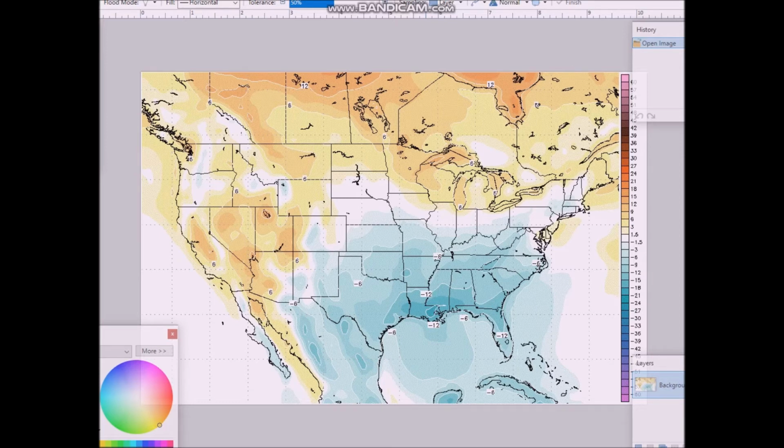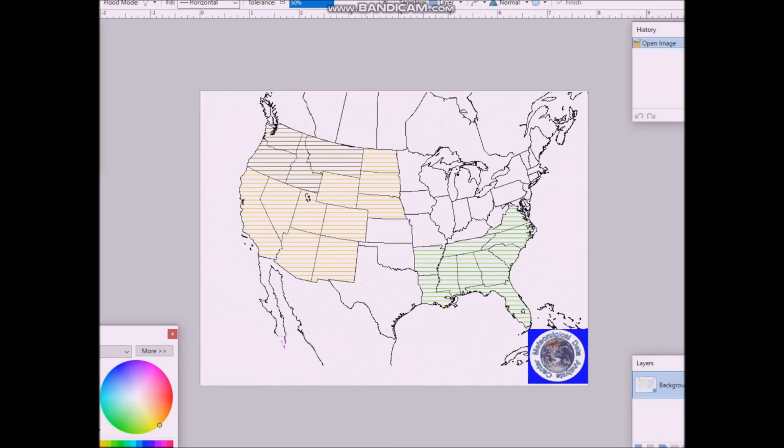So I'm forecasting anomalies to be near 6 degrees below normal. And for precipitation, I'm calling for below normal precipitation for this region here. Probability of occurrence is about 35 to 45%, and then we have above normal precipitation forecast for this region. Probability of occurrence is 40%.